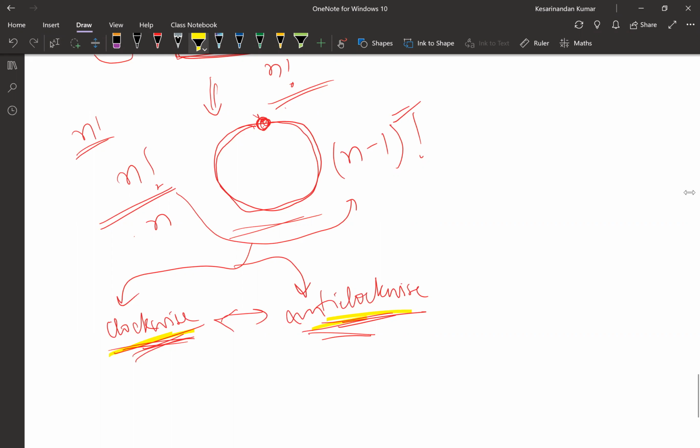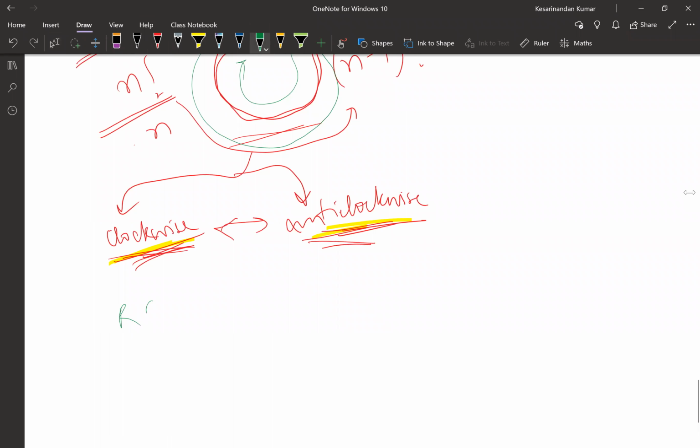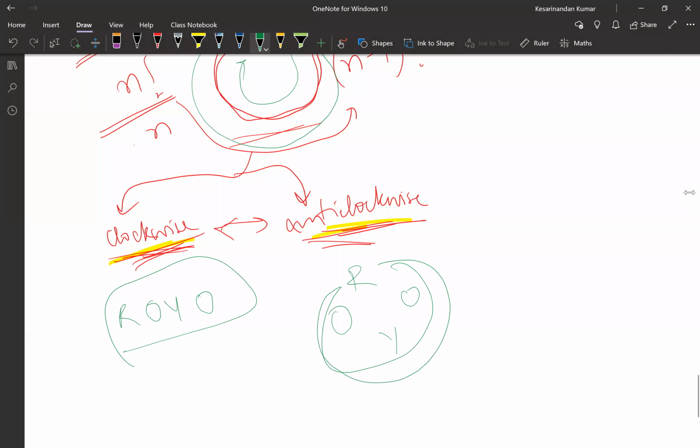Okay, so clockwise and anti-clockwise, coming back to the original one, there can be two cases. The clockwise arrangement and the anti-clockwise arrangement may be exactly the same. There might be some cases where clockwise and anti-clockwise will be different, like red, orange, yellow, orange. Let's say 4 people are sitting, now your clockwise and anti-clockwise are exactly the same.